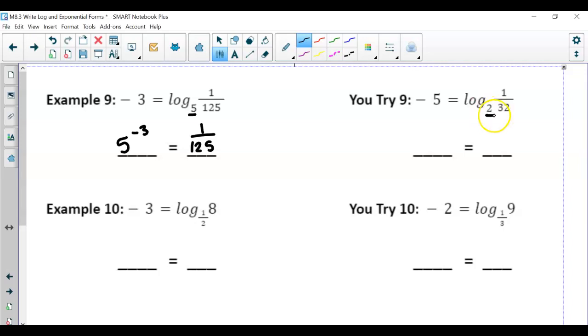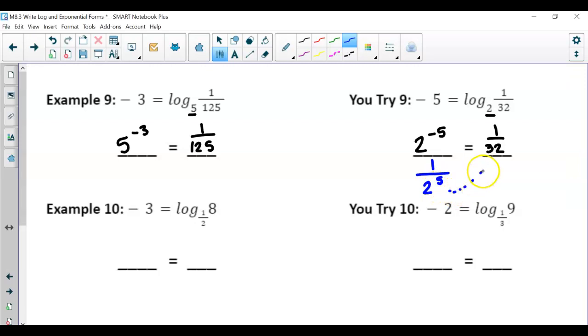Here you've got a base of 2, so 2 to the -5, which is equal to 1 over 32, which again also matches because 2 to the -5, remember, right, negative exponents, which meant we would write this in the form of 1 over 2 to the 5th, right? Reciprocate the base. And 2 to the 5th power is 32, or in this case, 1 over 32.